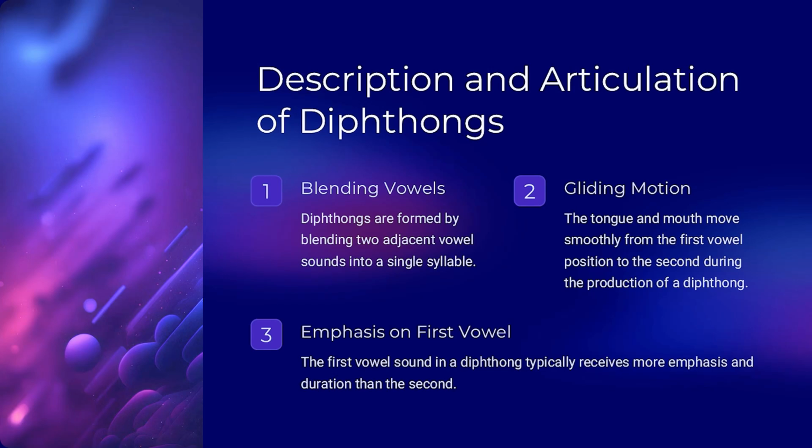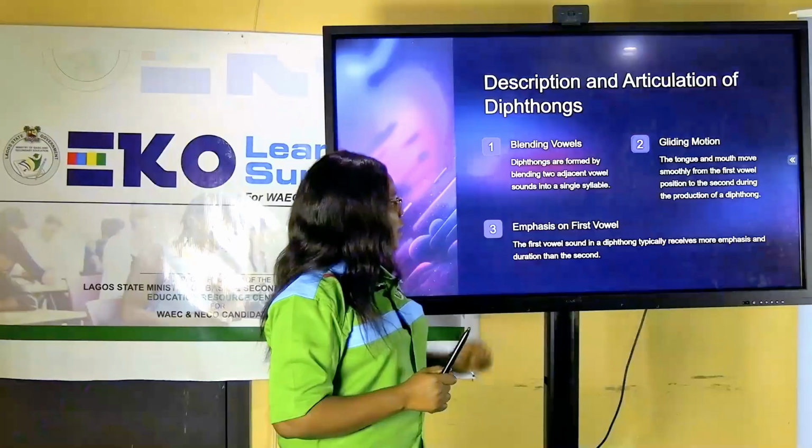There's a vowel on one side of the chart, there's another one on the other side of the chart, and when these vowels come together, then we say that a diphthong is being formed. So diphthongs are formed by blending 2 adjacent vowel sounds into a single syllable.